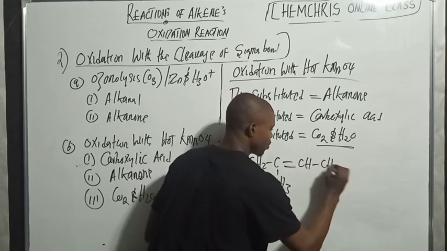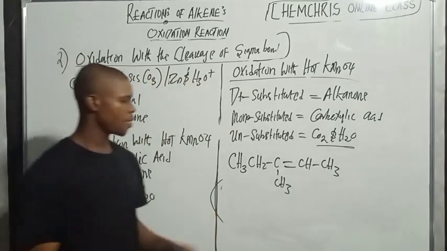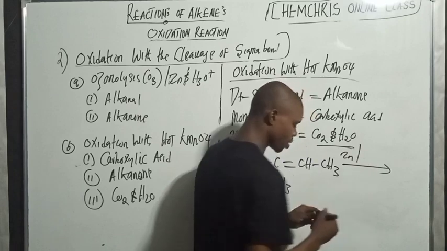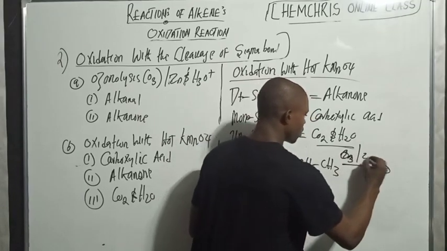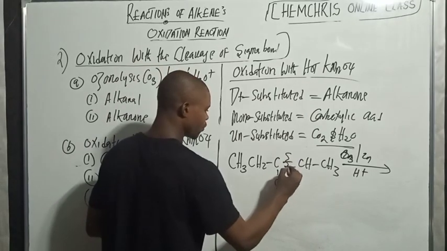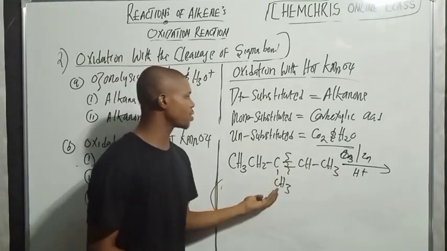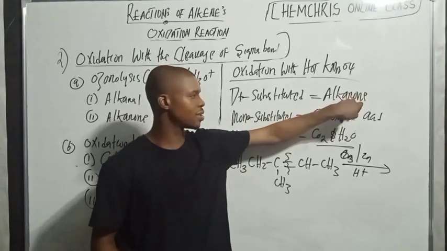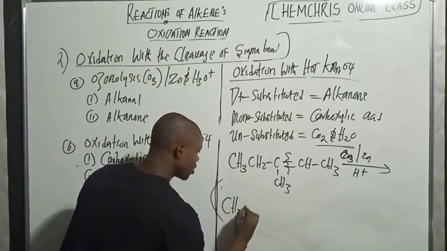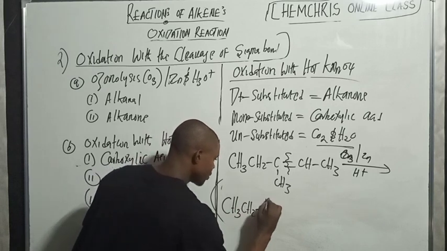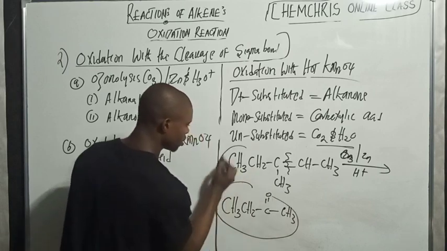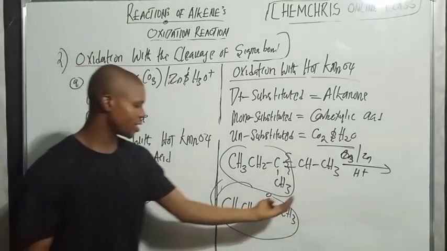Please look up. Now, when you oxidize it with ozone and then zinc, H plus, what will happen here? This one, remember, will produce a ketone, right? So we have CH3, CH2, C. This is this side.